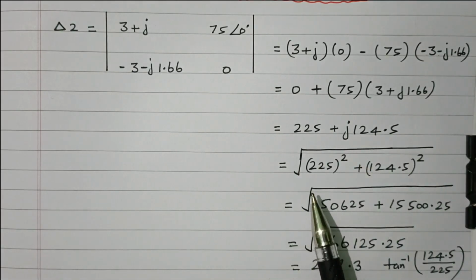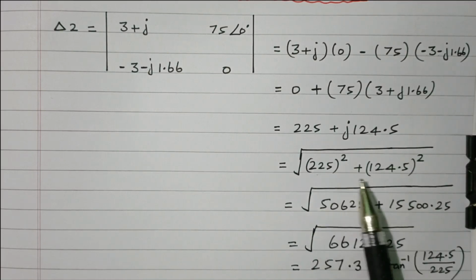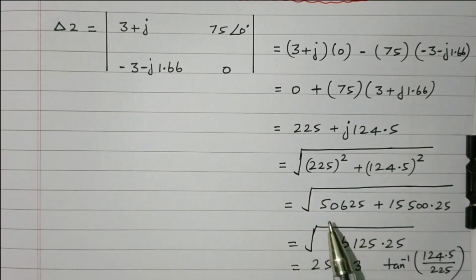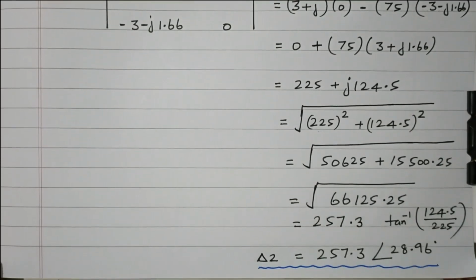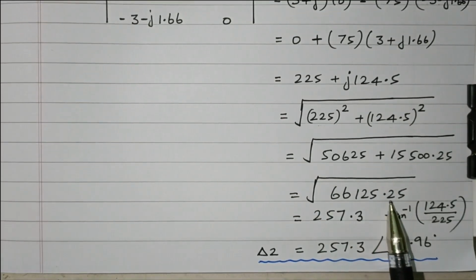So how to find the polar form? This is rectangular form. We will go for polar form. Square root of a square plus b square. A is 225, b is 124.5. So this 225 square is 50,625. 124.5 square is 15,500.25. Right. So while adding, what we got is 66,125.25.